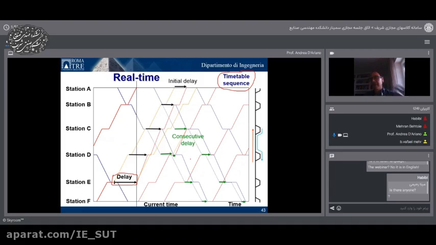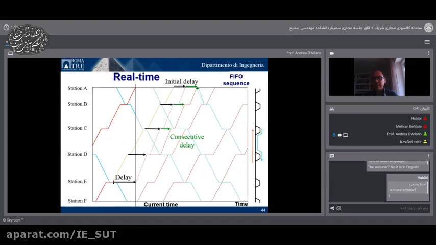Let's see an alternative way to solve this problem. Let's use the first in, first out sequence. So the first train that is asking for each resource will go first. First in, first train arriving, first out, first train going out. Okay, first train asking for the resource, first train using the resource.